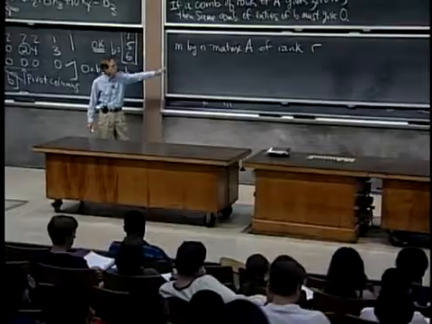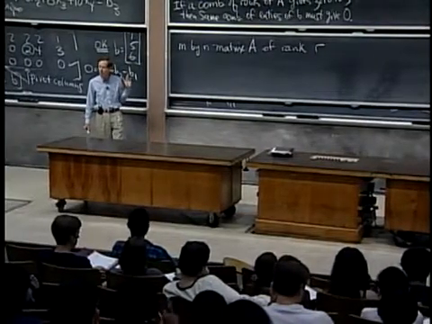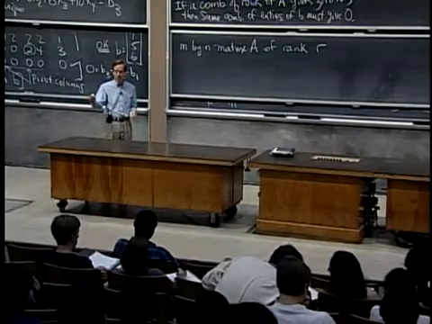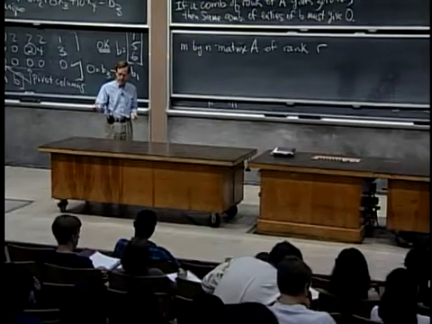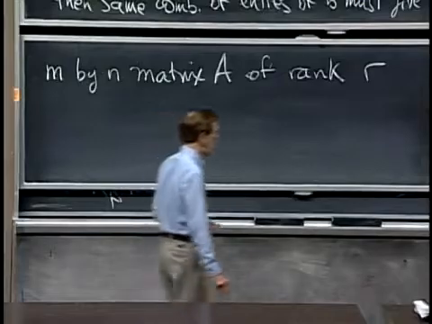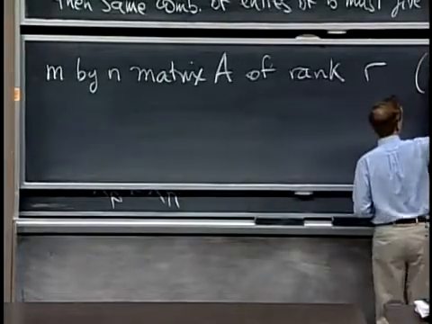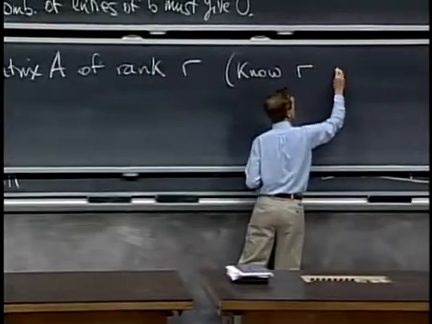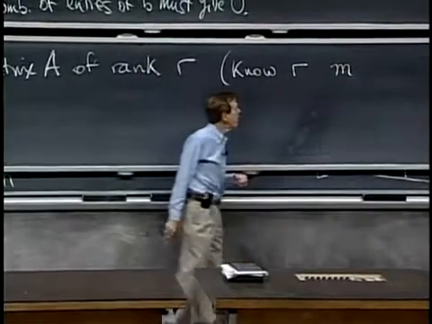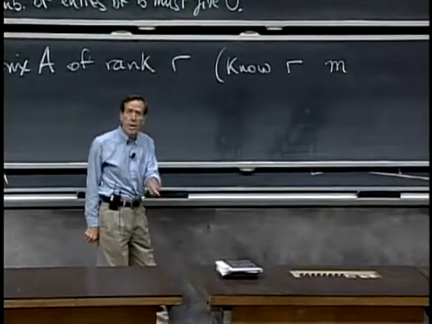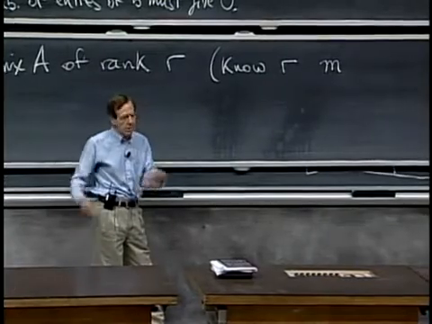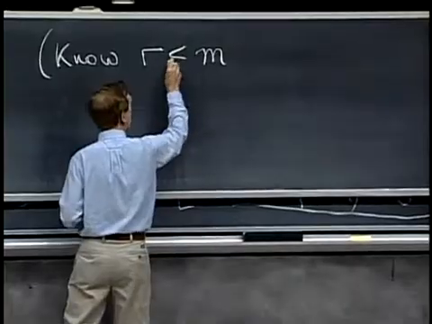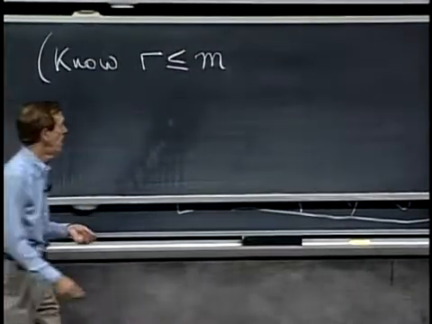Can you tell me a relation between R and M? If I have M rows in the matrix and R pivots, then what relation do I always know between R and M? R is less or equal, right? Because I've got M rows, I can't have more than M pivots. I might have M and I might have fewer.